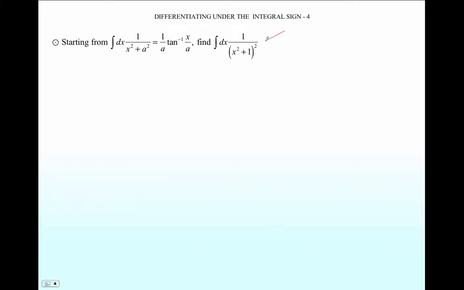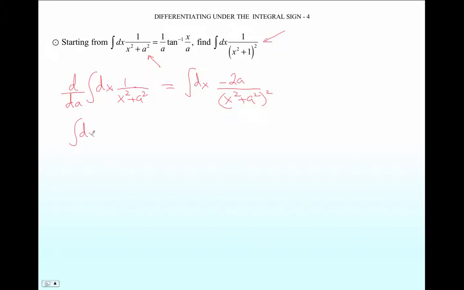As our final example, we shall calculate this integral using the hint that maybe this integral has something to do with it. And indeed it does. Let's take the derivative with respect to a of what we have up above. So 1 over x squared plus a squared. And if I take d by da inside the integral sign, then I get minus 2a divided by x squared plus a squared, squared. And now, if I put a equal to 1 over here, then clearly we've got the integral that we want.